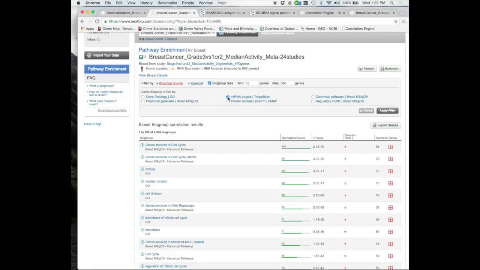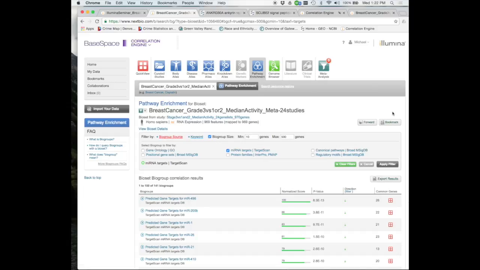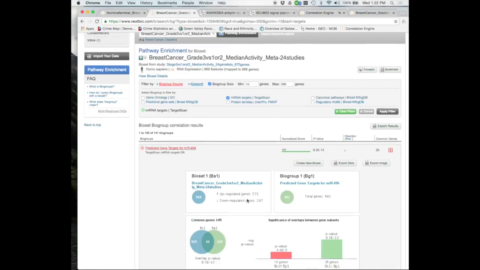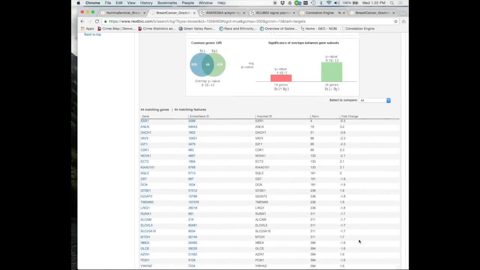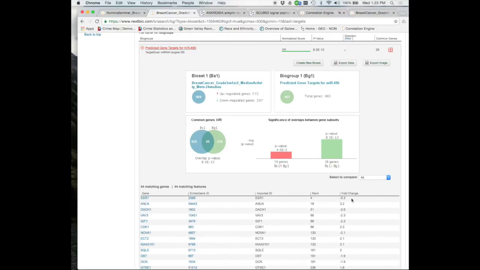Does that make sense? Kind of killed that there. But now I could say, okay, find me things with overrepresented targets of microRNAs. So now I'm saying, well, based on our gene list, I think microRNA 496 is down because all of these genes that it's known to inhibit seem to be going down for the most part.